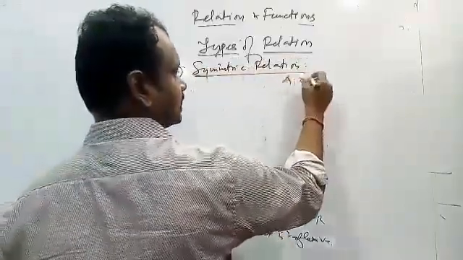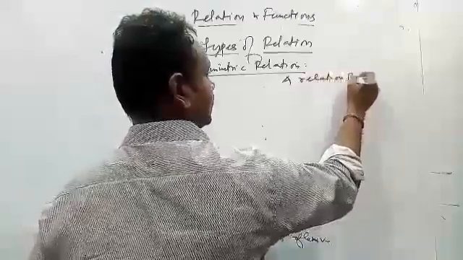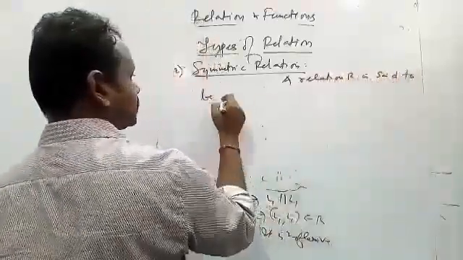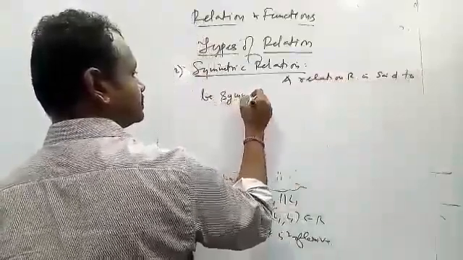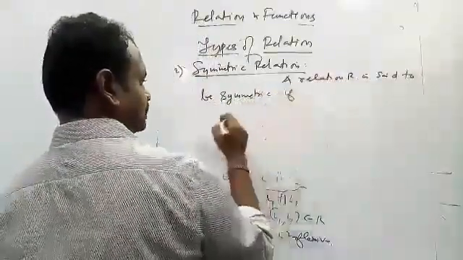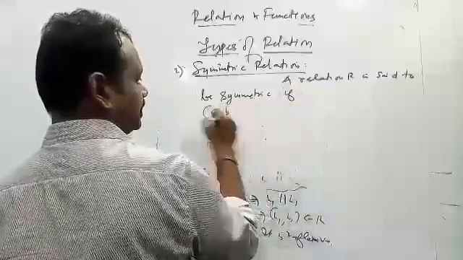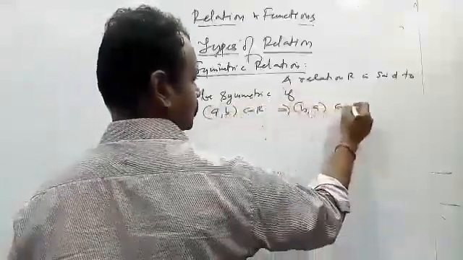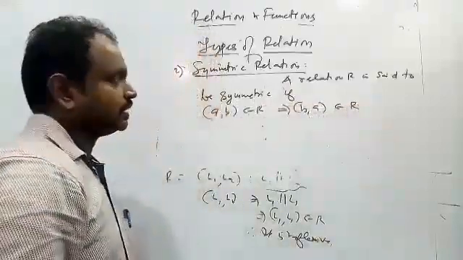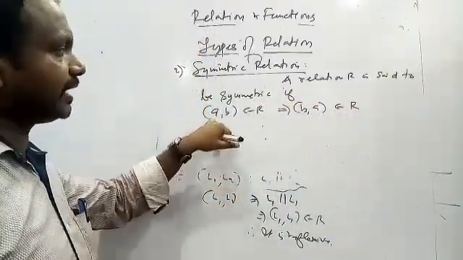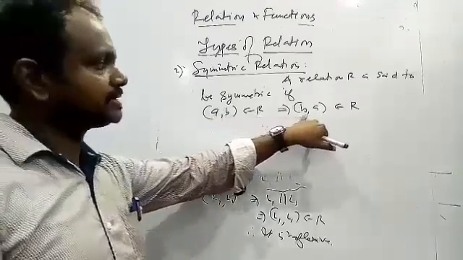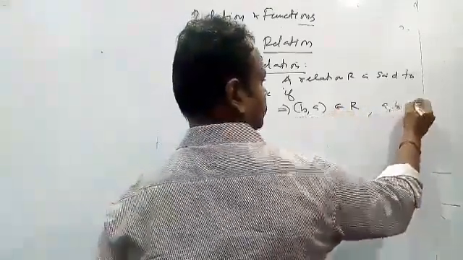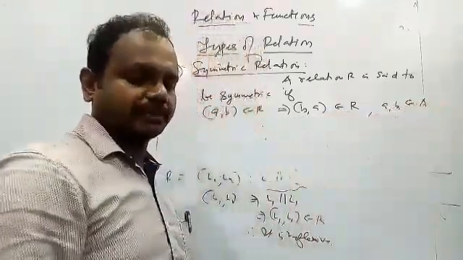A relation R is said to be symmetric if A comma B belongs to R, which implies B comma A also belongs to R. A relation R is said to be symmetric if A comma B belongs to R, which implies B comma A also belongs to R, for A comma B in any given set A.